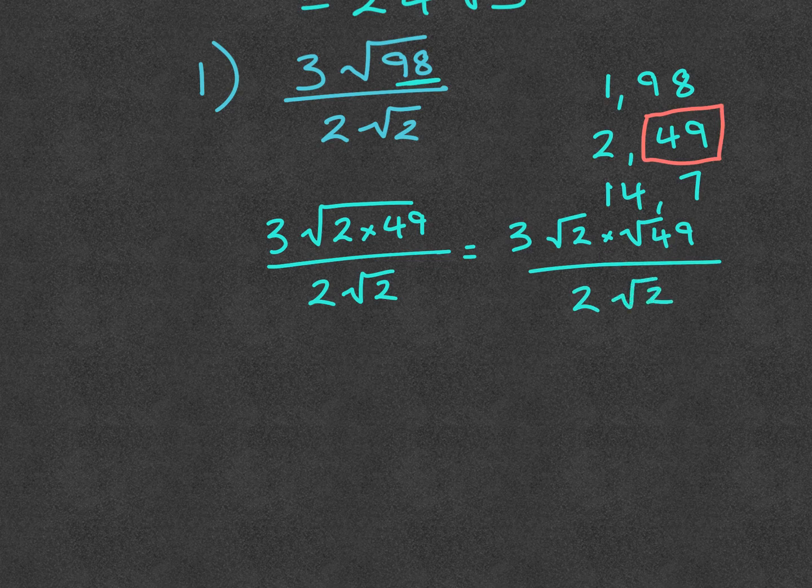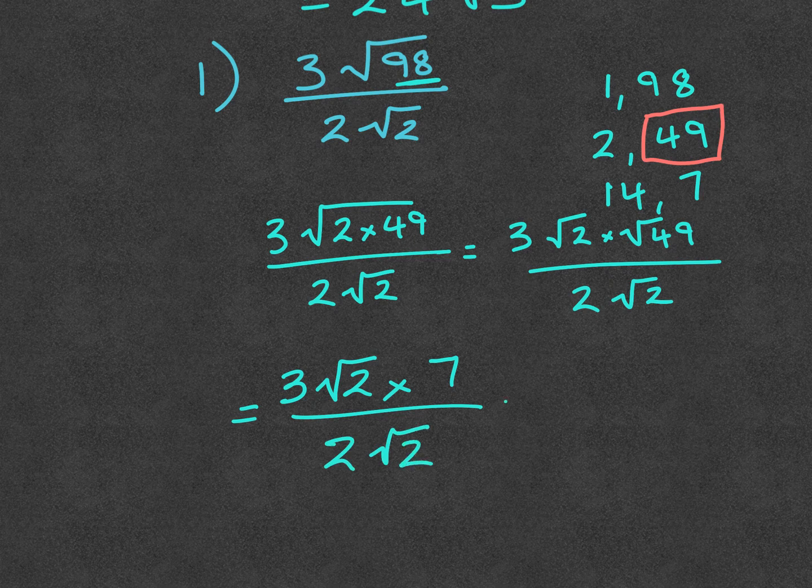Now the square root of 49 is our perfect square. That's going to simplify down to 7. So we're going to have 3 root 2 multiplied by 7 divided by 2 root 2. 3 times 7 is 21 root 2 divided by 2 lots of root 2.